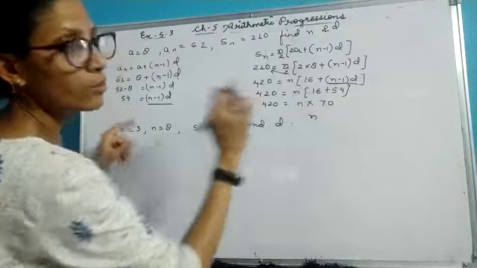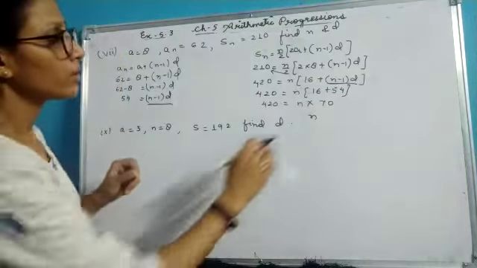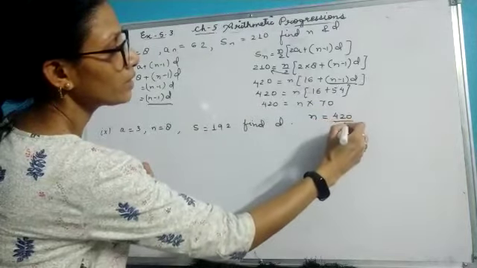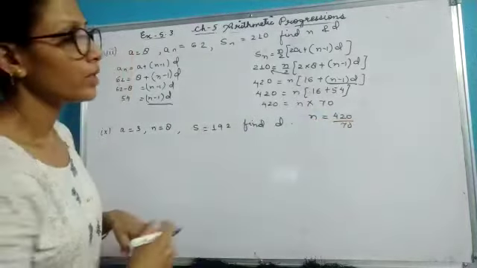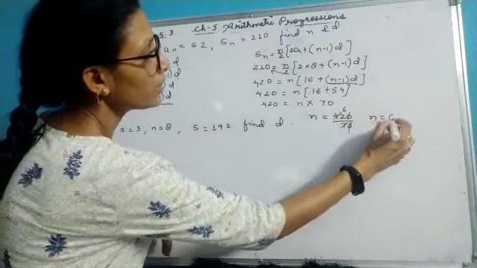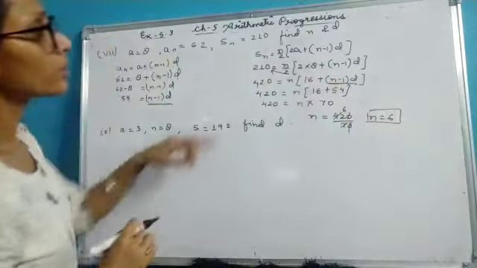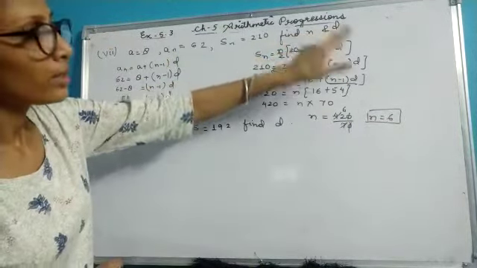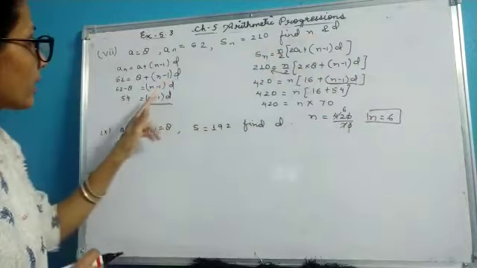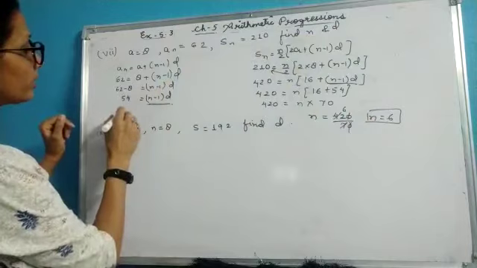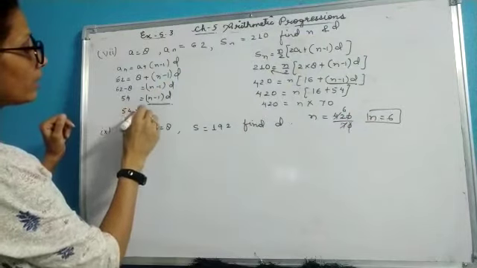This 70 is in multiplication with N, so it can be written as 420 by 70. 70 will be in the denominator. 7 ones are 7, 7 sixes are 42. So here I am getting my N equal to 6. So that means I have calculated my N. Now I need to calculate my D. So N equal to 6, I can put it here to calculate the value of D. So let's put it here. 54 equal to N minus 1 into D, N is given to me as 6.